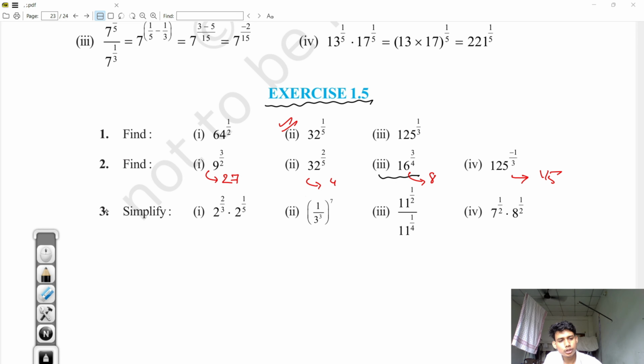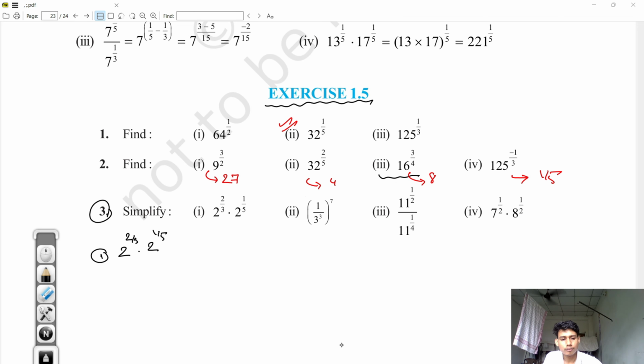Now coming to question number 3, we are asked to simplify the given expressions. So number 1 says 2 to the power 2/3 into 2 to the power 1/5.